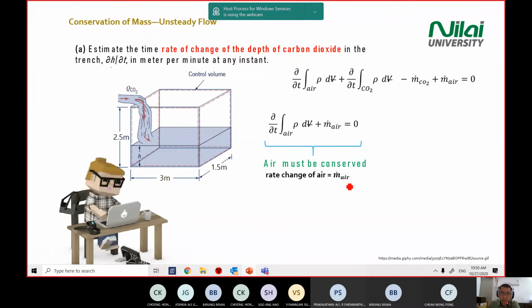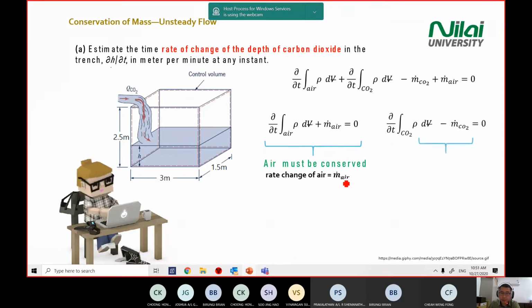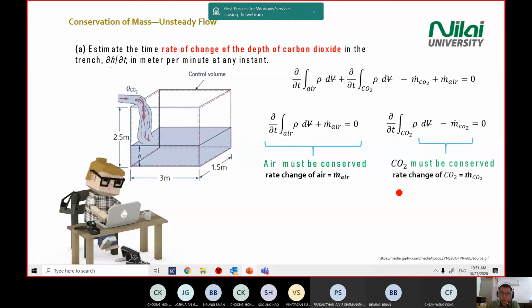Right? Then in here, we also need to know that air must be conserved, and CO2 also must be conserved. So both air and CO2 must be conserved.